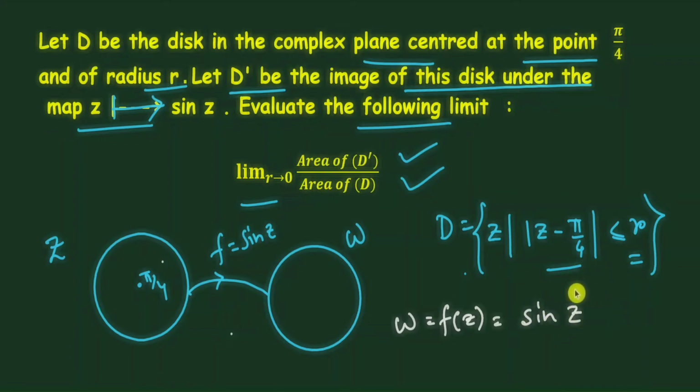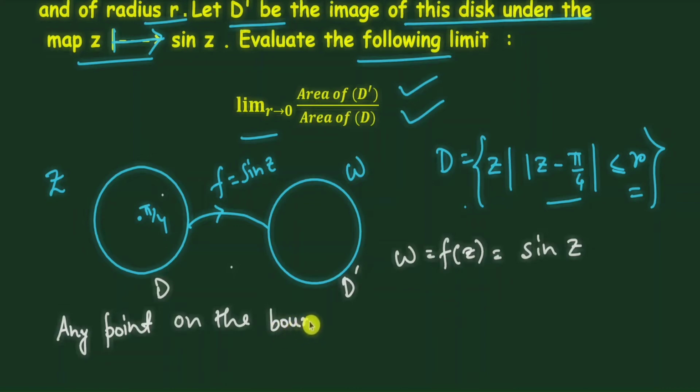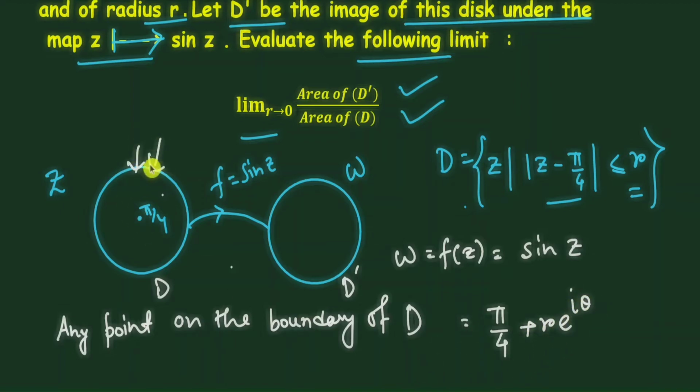Now let this be D and this be D dash. Any point on the boundary of D is of the form pi by 4 plus r e to the power iota theta. This is any arbitrary point on this boundary.